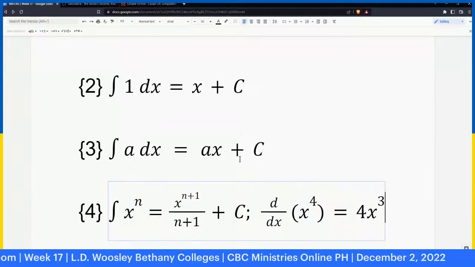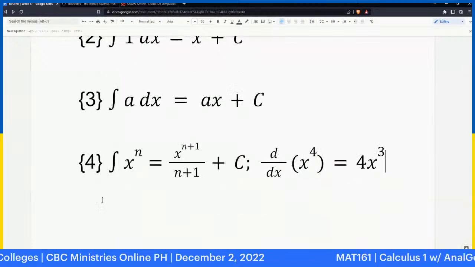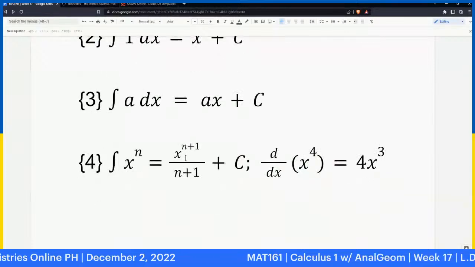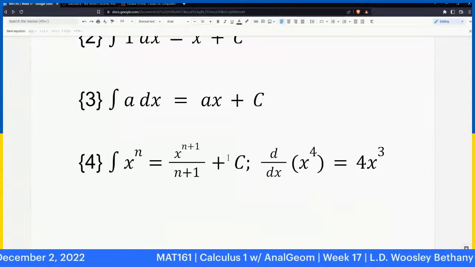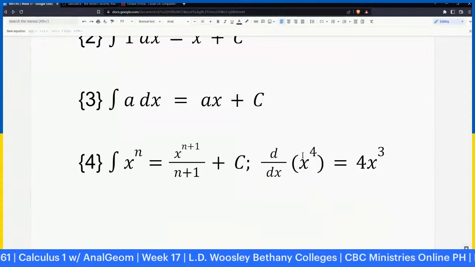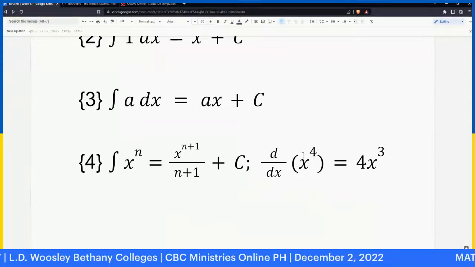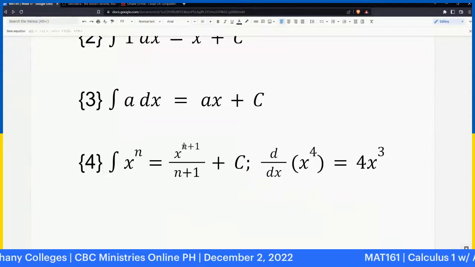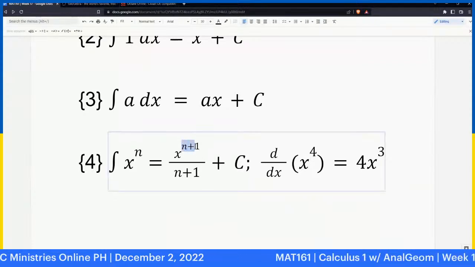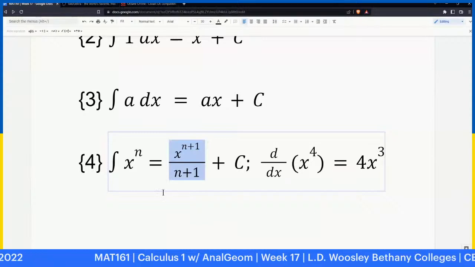You get the integral of 4x cubed using this formula. So when you get the derivative, you subtract 1, you integrate, you add 1. However, you divide it by n plus 1. Whatever the exponent or power, you divide it also. All right?